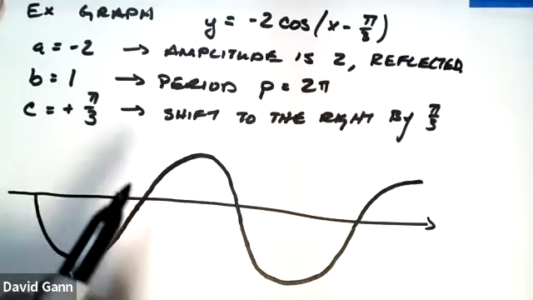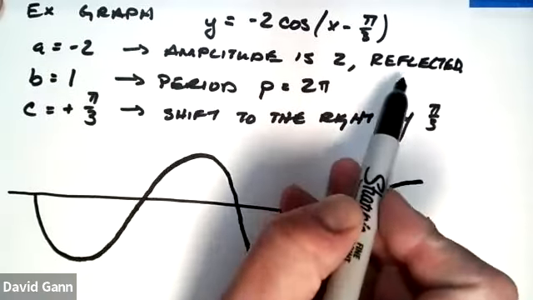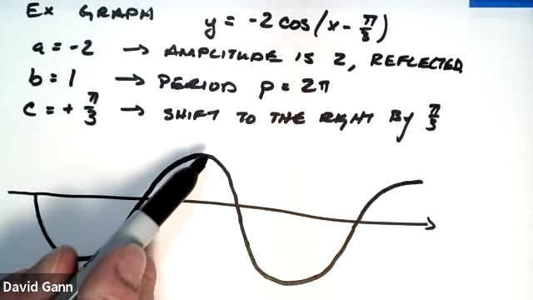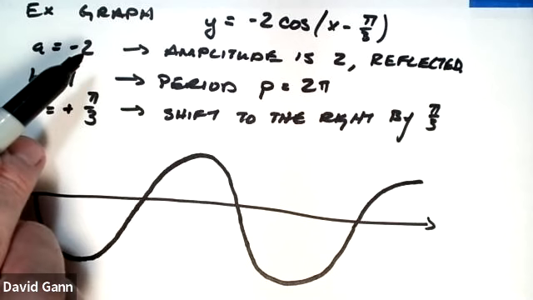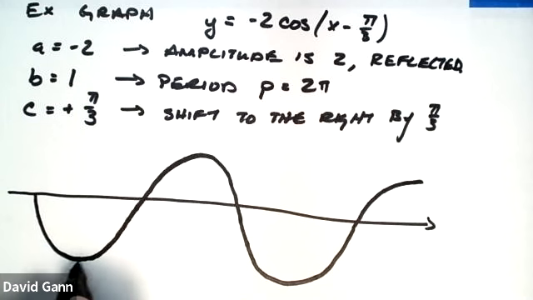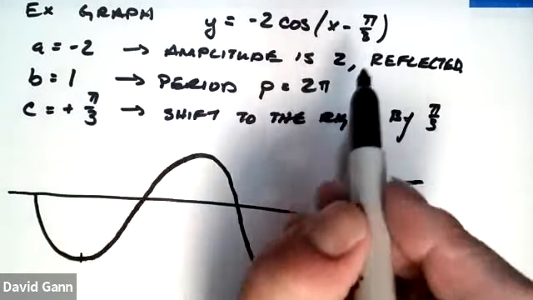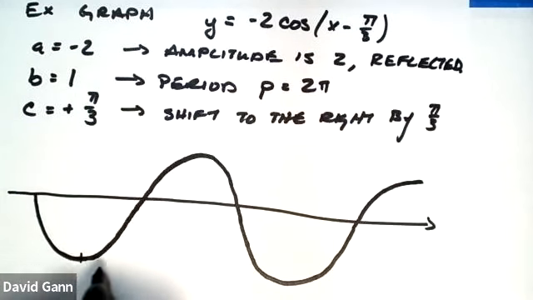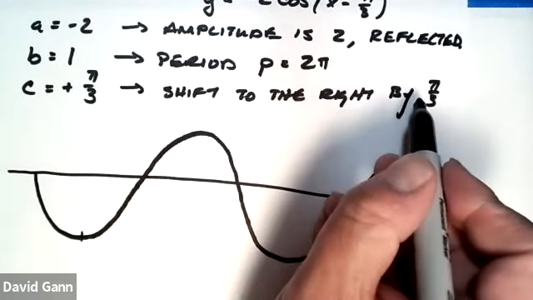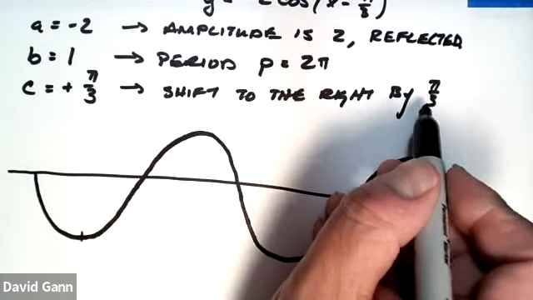Now, here it's critical to note that this is reflected. Recall the unadulterated y equals cosine of x starts with a high point, right? But because this is reflected, it will actually start with a low point. So this point right here represents the shift to the right by pi over 3.